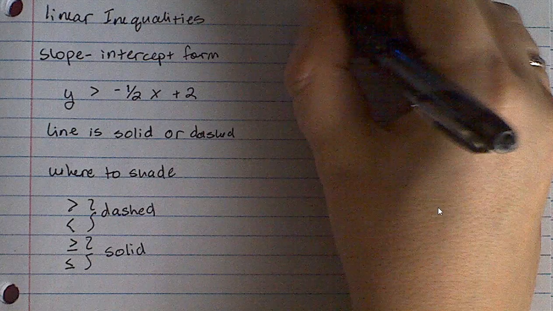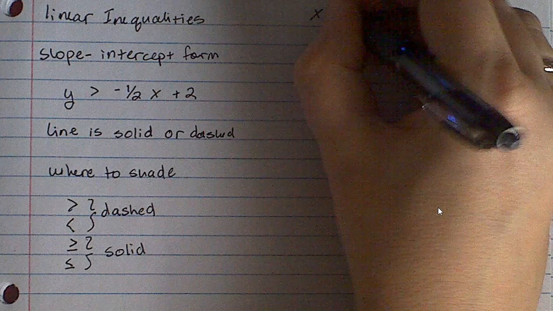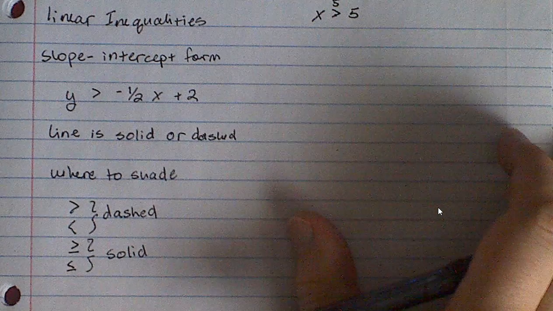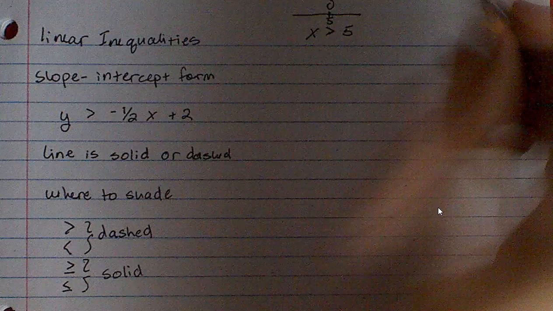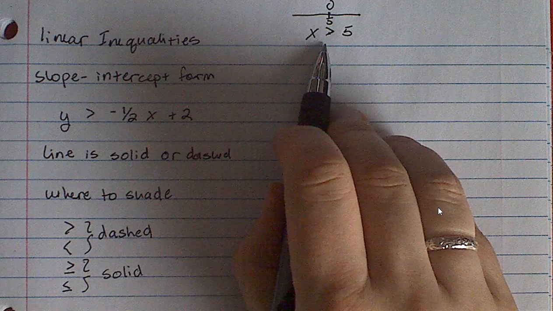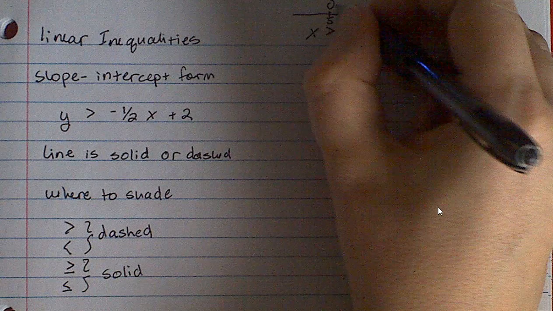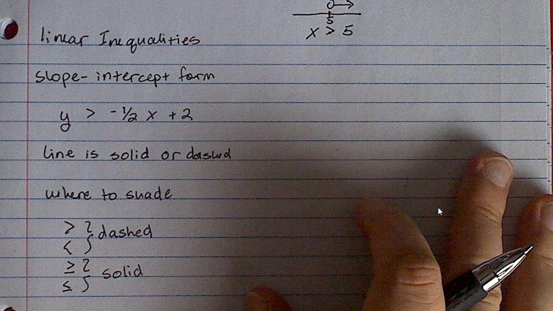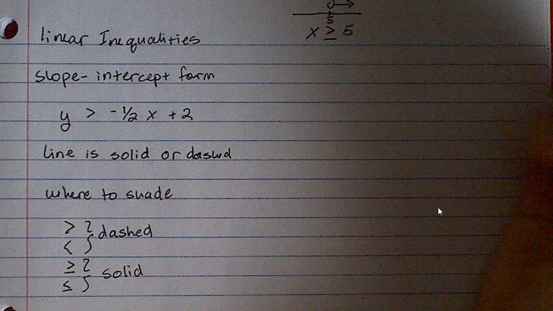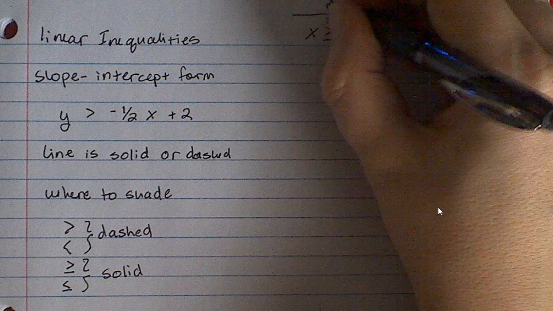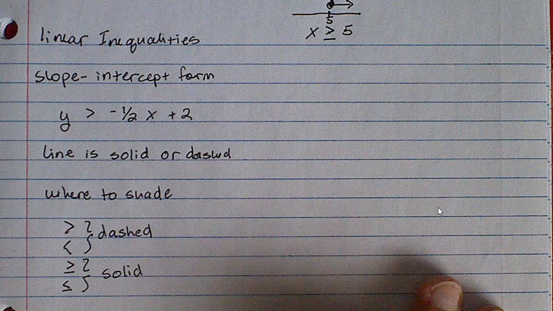On the number line we had 5 here. And then we drew an open circle above 5 if it was x is greater than. And then we had an arrow pointing right. Do you guys remember this at all now? Oh, yeah. Okay. But if it was x is greater than or equal to 5, then we had to fill in that dot.